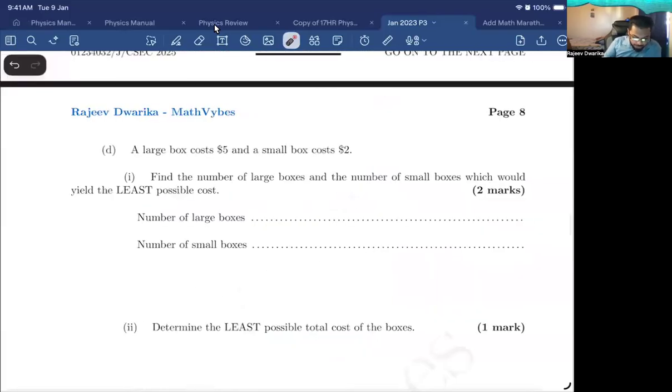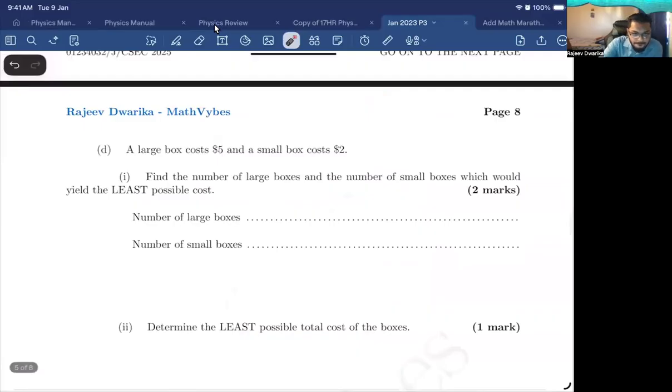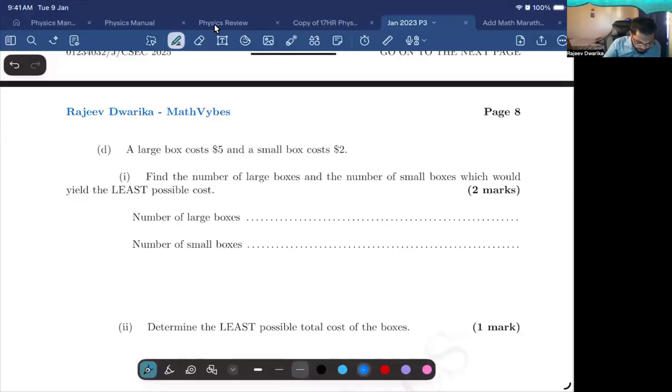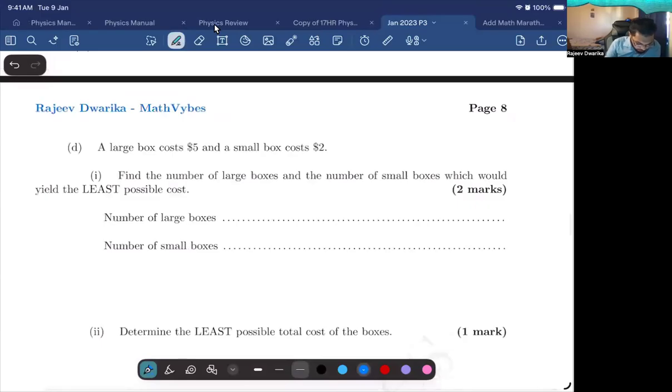So Nikolai, give this a read for me, part B. A large box costs $5 and a small box costs $2. Find the number of large boxes and the number of small boxes which would yield the least possible cost.